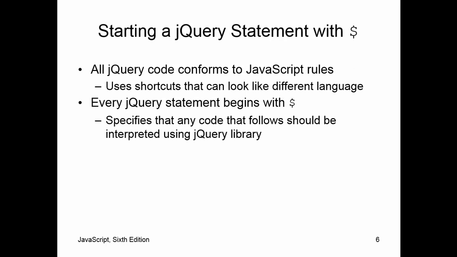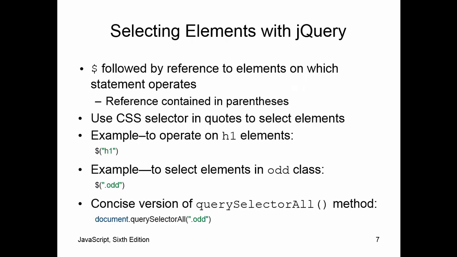All right. All jQuery code conforms to JavaScript rules. Every jQuery statement begins with a $ sign. The $ sign is actually an alias. So instead of using the word jQuery, you just use the $ sign.